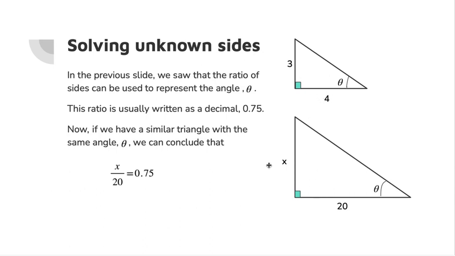Therefore, we can say that x/20 must be equal to 3/4, which is 0.75. And working this out, we have x is 20 times 0.75, giving us x equals 15.